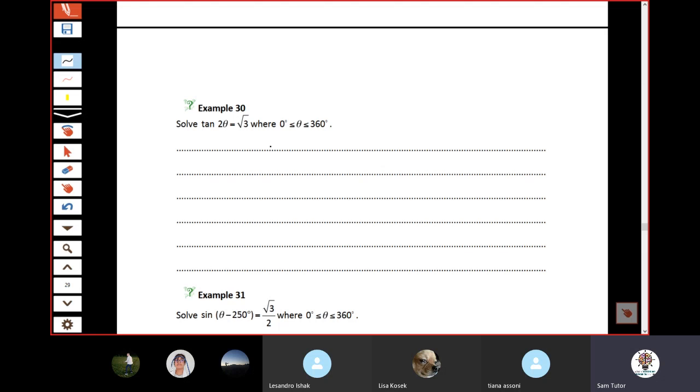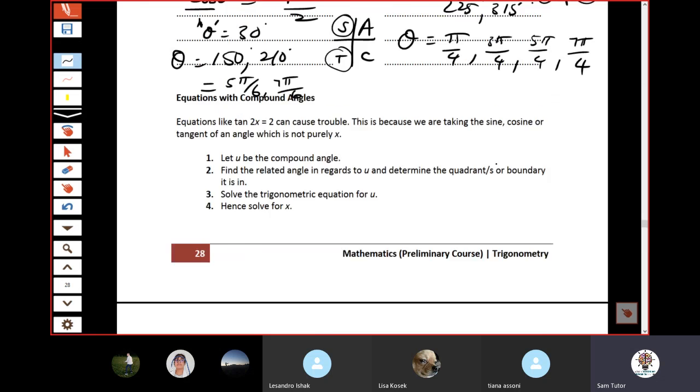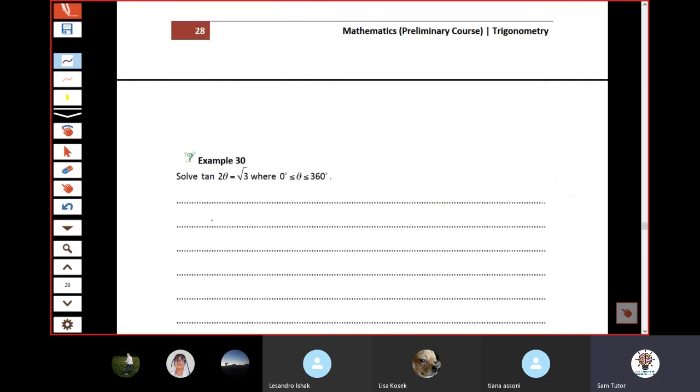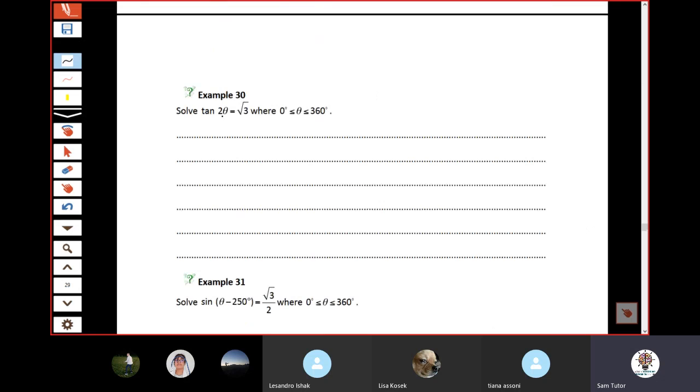I've just got to make something clear. This bit here, don't divide by 2 because it's not outside of your trig. So here we divided by 2 because it was outside my trig, and then we inversed. This is actually in the angle. So now inverse tan root 3, which becomes 60 degrees.